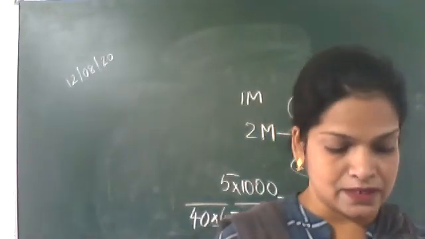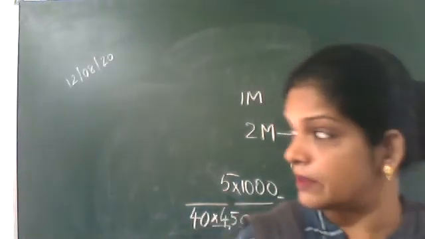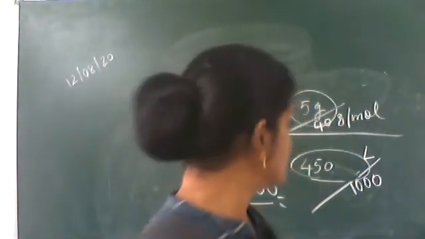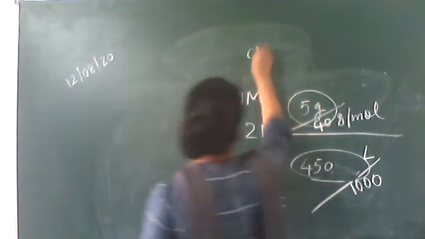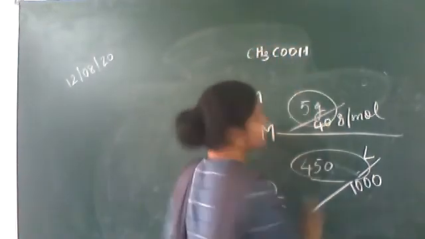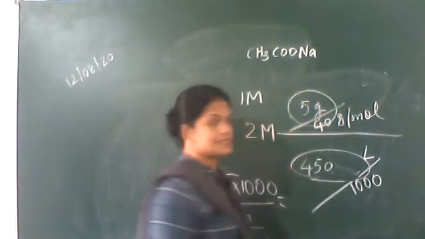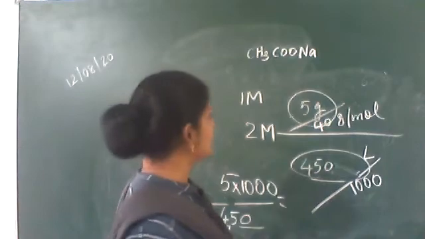Write down one question. Calculate the mass of sodium acetate. CH3COOH is acetic acid. Its salt is sodium acetate, CH3COONa.